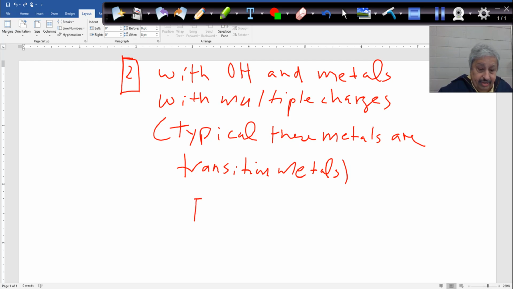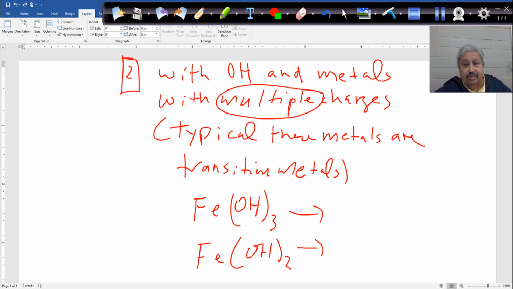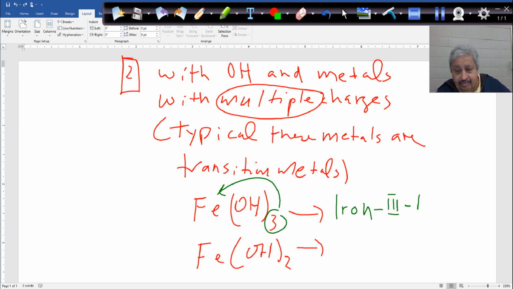We have iron, here it is. Another example: how do we name this? Well, since we have multiple charges, we have to introduce our Roman number. So this is iron, and the 3 is coming from the iron. Iron(III) hydroxide.